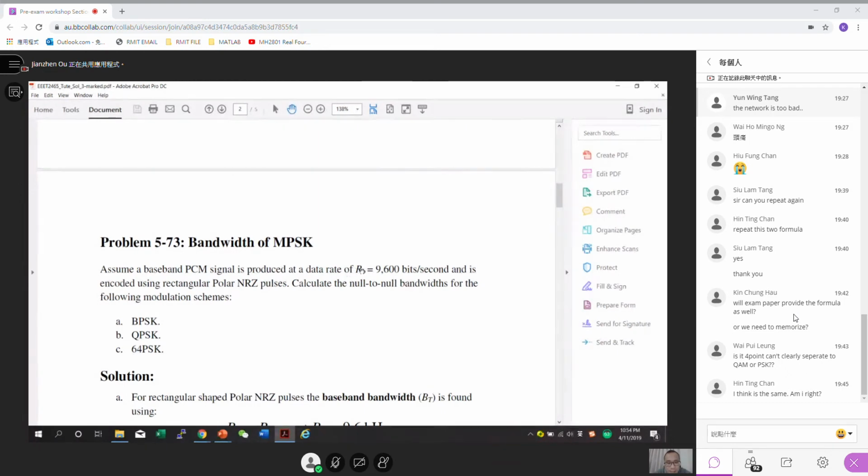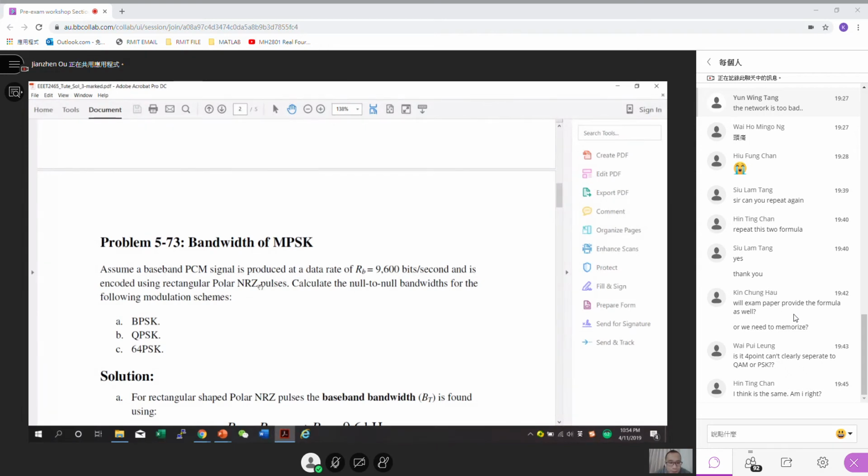So this is a bit rate. Another hint provided by this question is that it's encoded using a rectangular polar NRZ pulse. So I know the bit rate, then I will know the first null bandwidth of the polar NRZ line coding scheme, which is the baseband bandwidth.